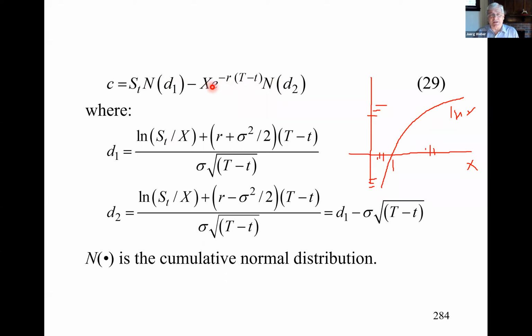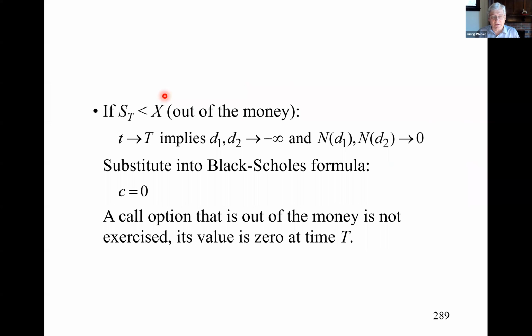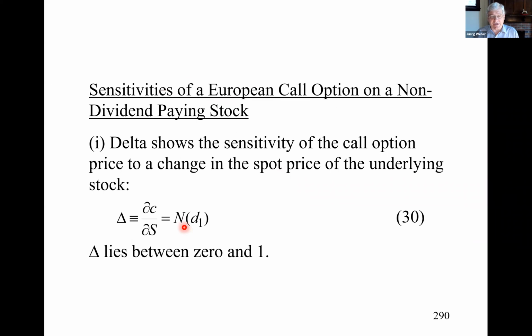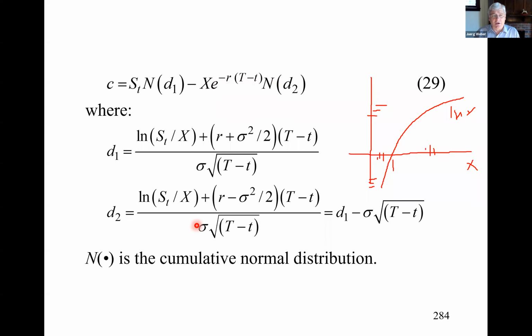That doesn't matter. And so we just get the N(d1). But that's actually not true. If you do that, this argument is not true. That's too easy when you make that argument.